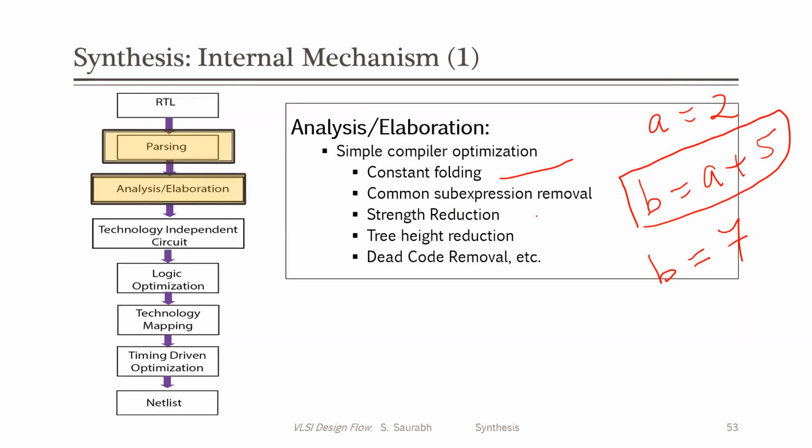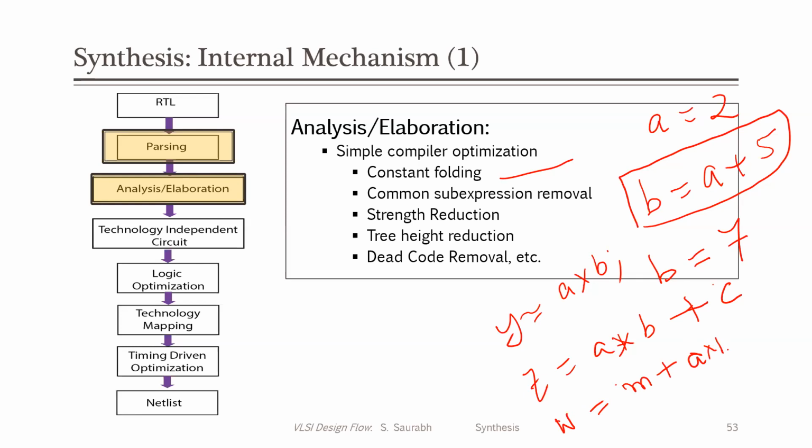Similarly, common sub-expression removal. Suppose you are writing many times, say y is equal to a star b, z is equal to a star b plus c, then you write w is equal to m plus a star b star c, right?